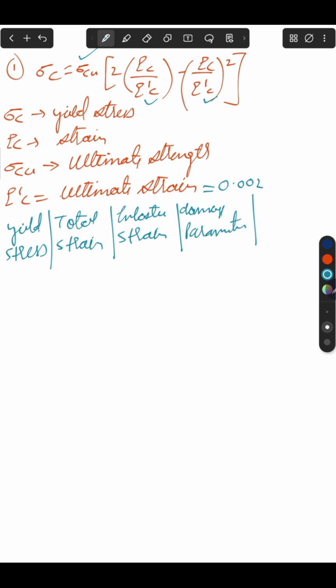So yield stress is sigma c, total strain is epsilon c, inelastic strain is epsilon c inelastic, and damage parameter is dt.